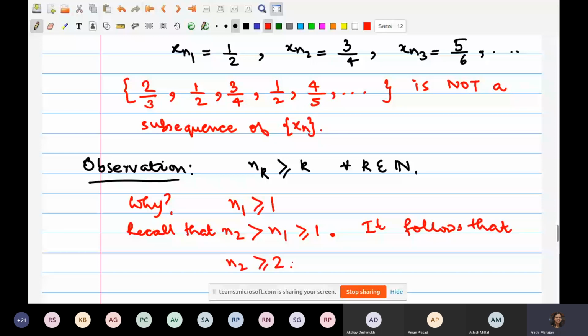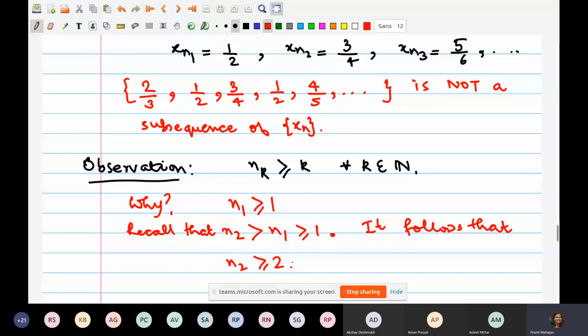Is that true? What I am trying to say is that one can use the principle of mathematical induction, together with the fact that the sequence n_k is a strictly increasing sequence of natural numbers, to conclude that the observation I have made above holds true.